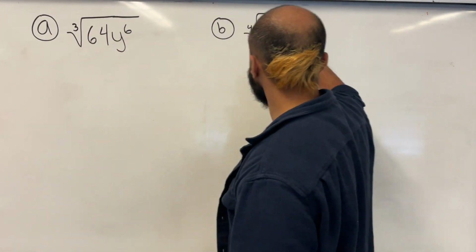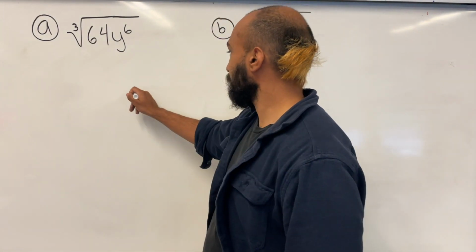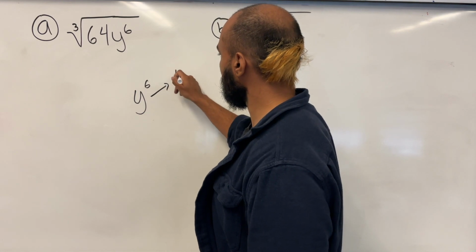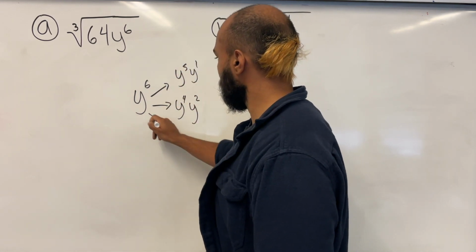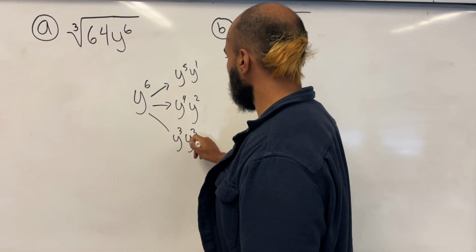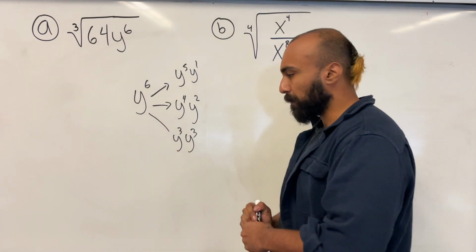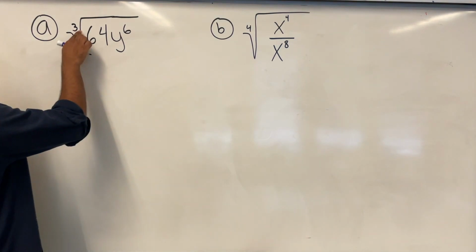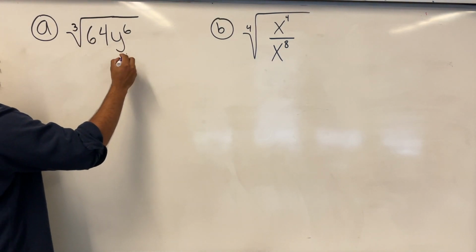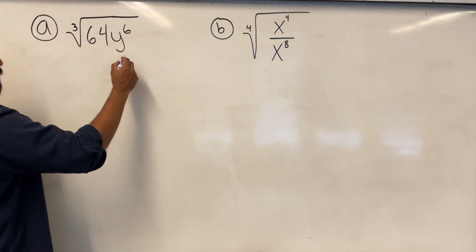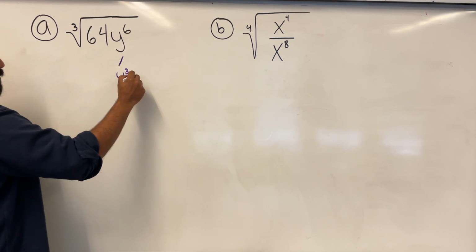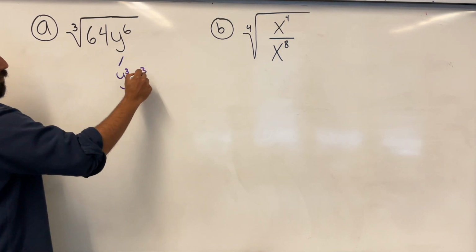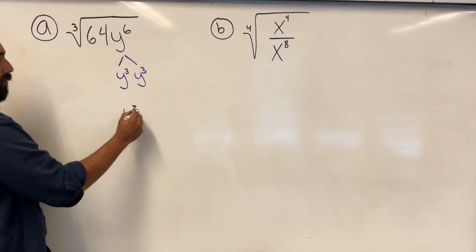I'm going to use a little bit different of a strategy here with higher exponents. Remember that we can rewrite exponents in a lot of different forms with the same base. So like I can rewrite them as product property or power properties, and those will all help us at different times. So I'm going to look at the y to the 6th is actually y to the 3rds squared, or reversed, y squared cubed.